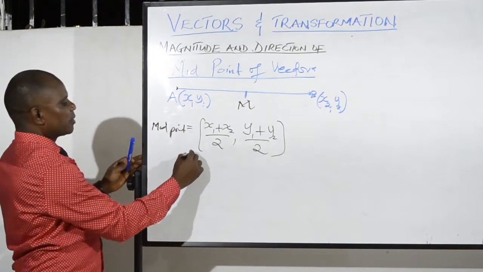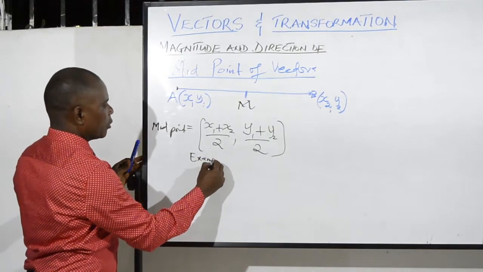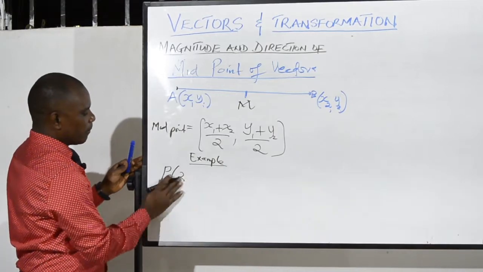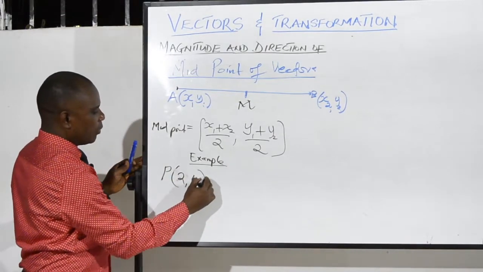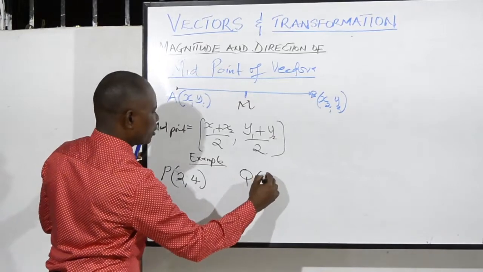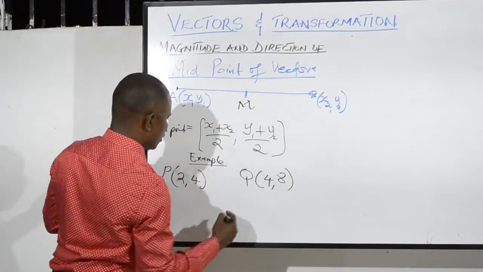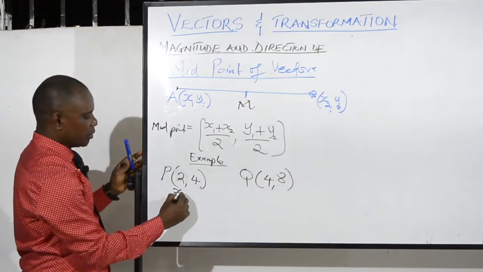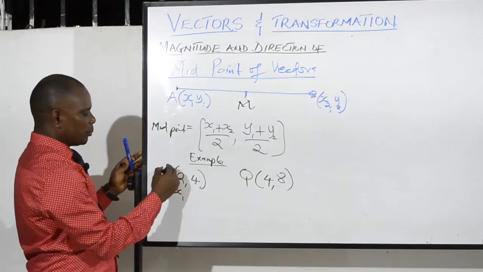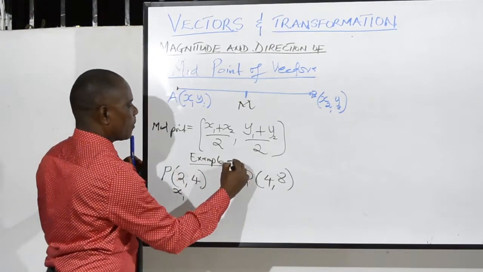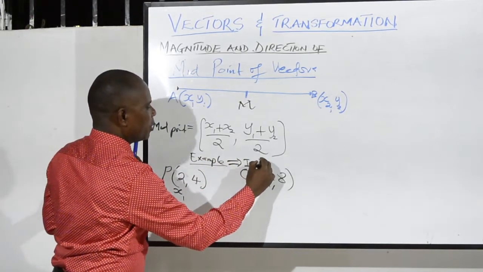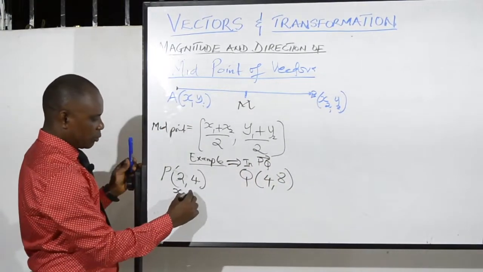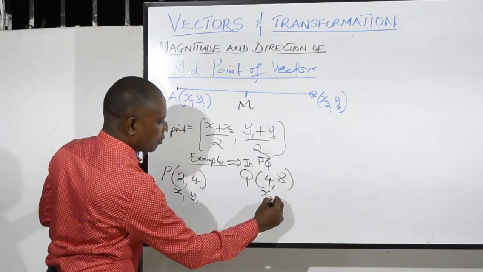Now, for instance, let's look at an example. Let's say I have vector P, which is (2, 4), and vector Q, which is (4, 8). Now I want to find the midpoint of the line PQ. I started with P, so this is x1, y1, and this is x2, y2.